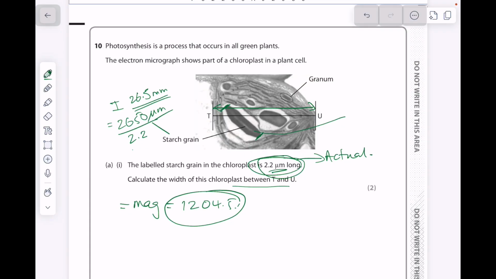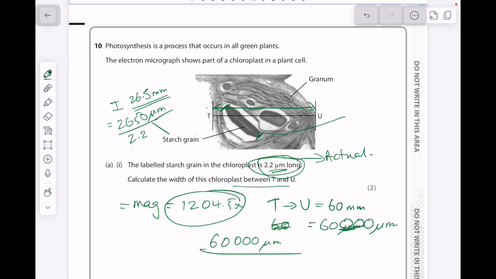1204.5 times. Okay, so if that's the magnification, now I just need to measure what T to U is. So T to U was equal to 60 millimeters, and so let's just convert that into micrometers: 60,000 micrometers. So 60,000 micrometers divided by the magnification.